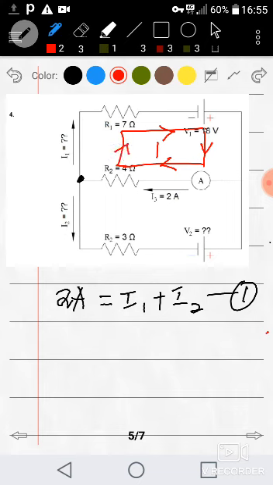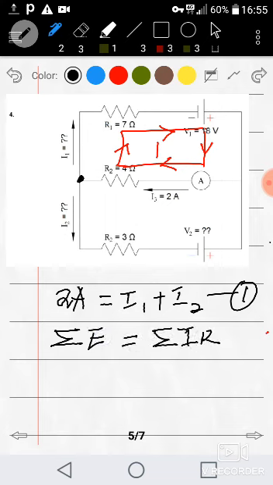So from there, we are now going to apply the voltage law. The voltage law says that the total sum of EMFs should be equal to the total sum of potential drops, IR. So the EMF in loop 1, there is only one EMF, which is 18 volts.